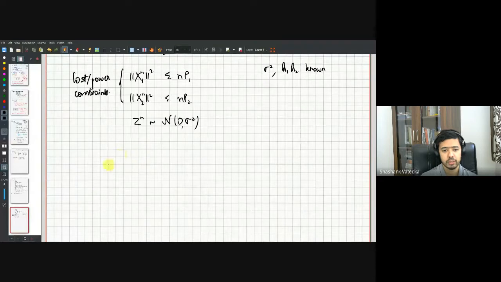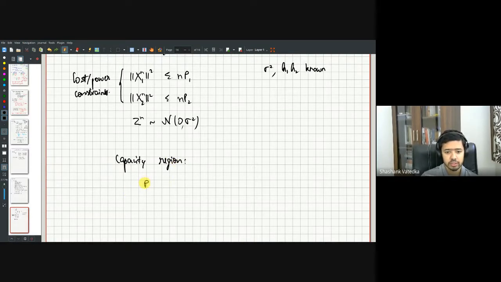So the capacity region, of course, is given by just extending the case from the discrete case to the continuous case using discretization. We can say that the capacity region is the following.